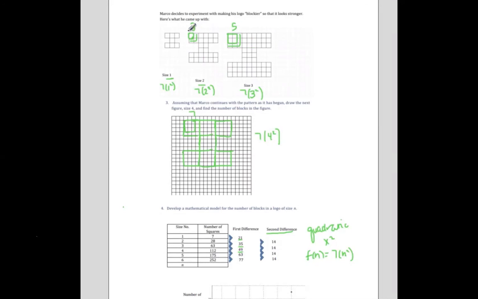Well, to go up to this one, size 2, I noticed that if I multiplied the size by 2 and subtracted 1, I would get the number of new squares. Okay? Here, this 1 is a new square. 2 times 1 minus 1 is 1. Here I had 3 new squares.